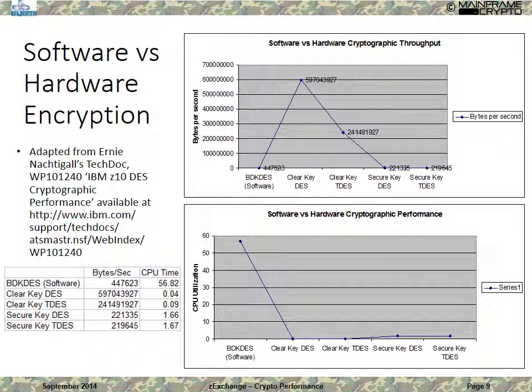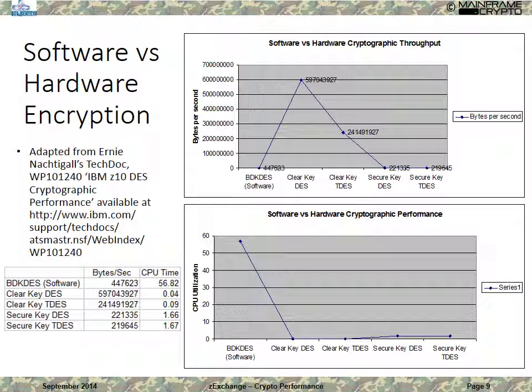He then took that same file and, using the native instructions on the CPAC-F, the KM instruction, he performed single DES encryption, and the bytes per second were just dramatically more throughput. He was able to encrypt about 597 million bytes per second on the hardware. And with triple DES, it dropped a little bit, but still 241 million was dramatically faster than the 447,000 bytes per second.